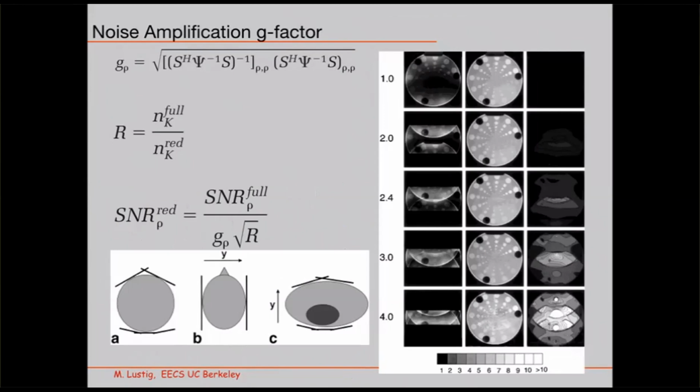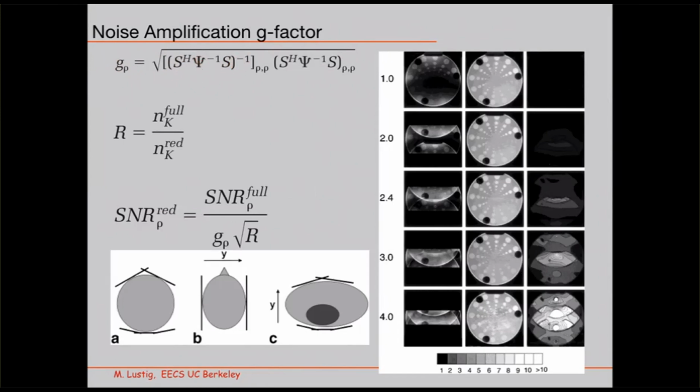So in general, you can calculate the G factor by looking at the noise covariance matrix and the sensitivity maps. This is taken from the paper. Basically, you compute S^H, which is S transpose conjugate, times the inverse of the covariance matrix times S, all to the power of minus 1.